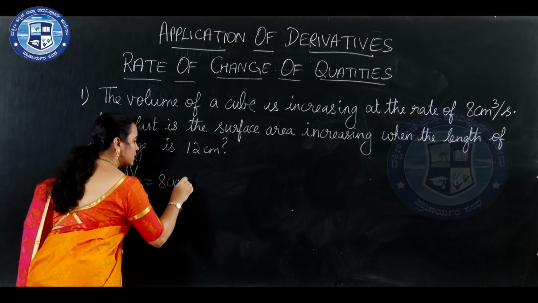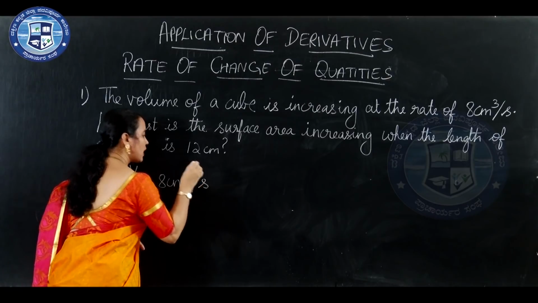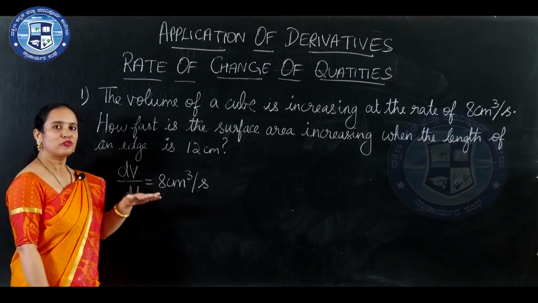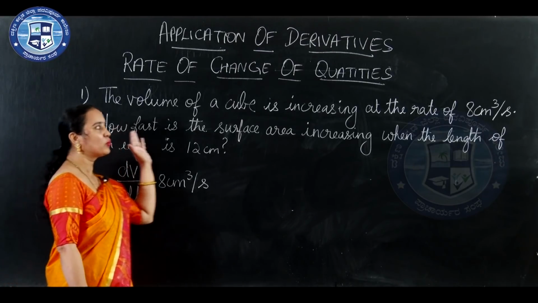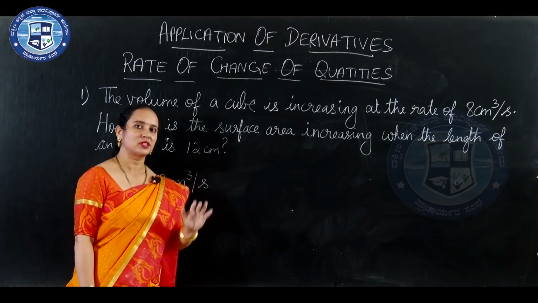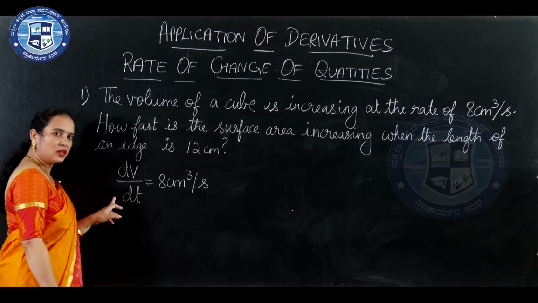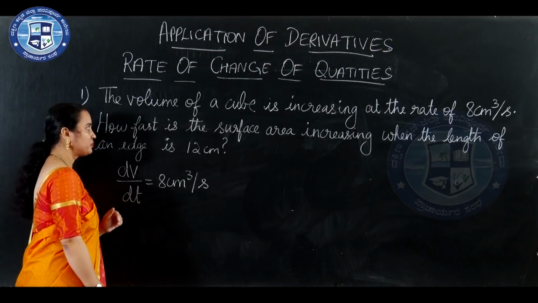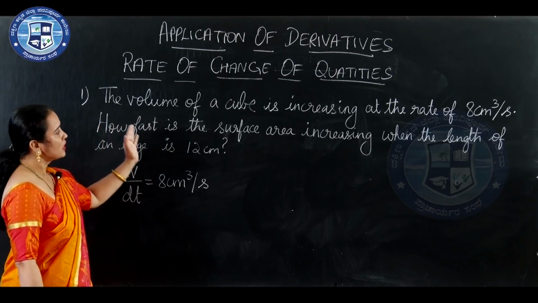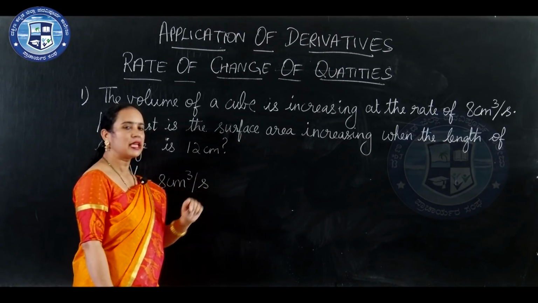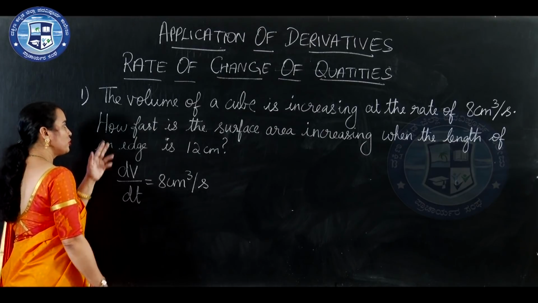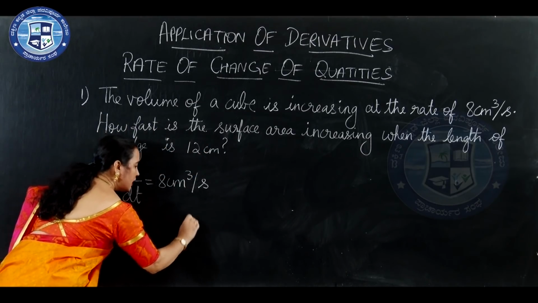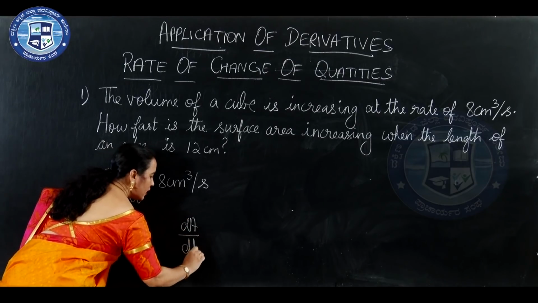Always half of the problem will be solved when you write what is given and what is asked. So, they have given dV by dt is 8 centimeter cube per second. Then, how fast is the surface area increasing? So, you have to find change in surface area, that is dA by dt.